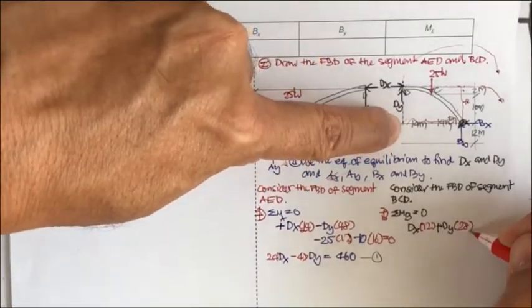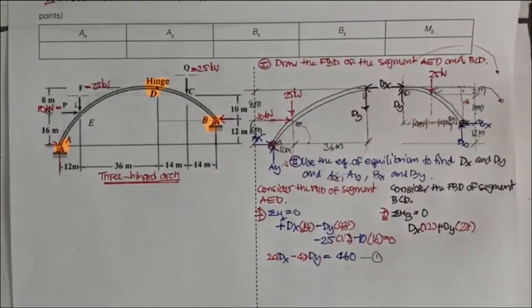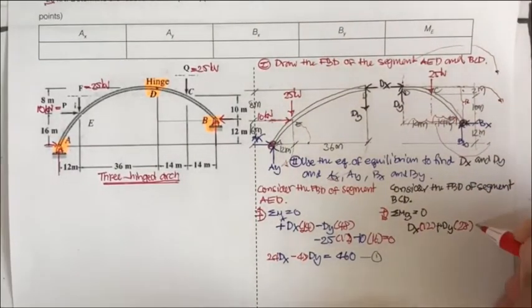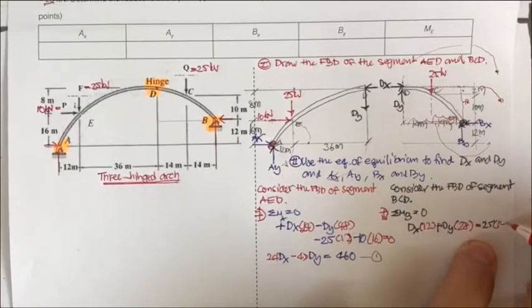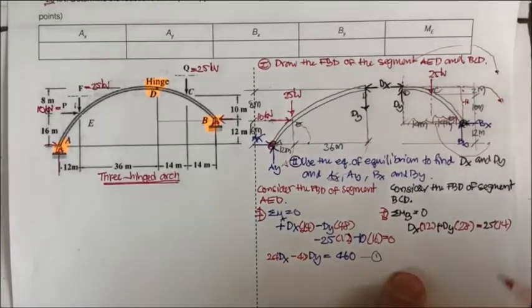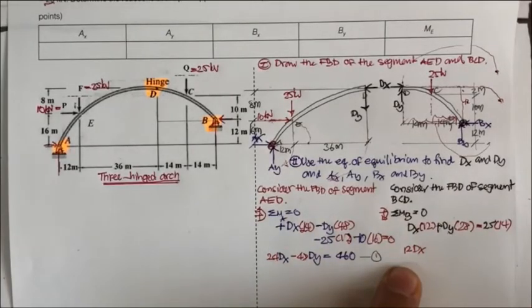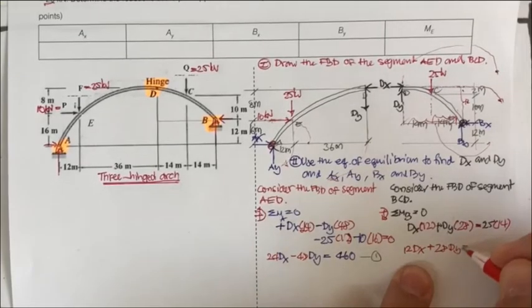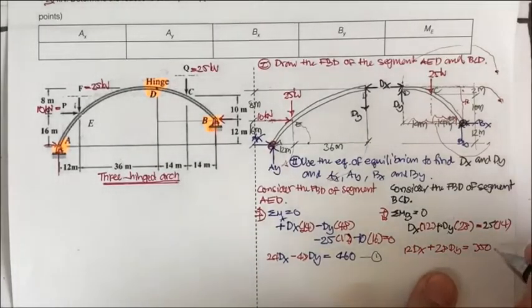Okay, and what else do we have? Taking moment about here, we have this one with moment arm 14, and it's rotated in the opposite direction, so equal to 25 times 14. So we have 12 D sub x plus 28 D sub y equal to 350, and that is going to be equation 2.